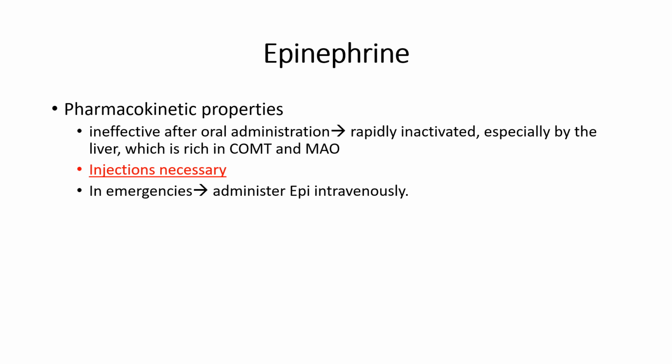And why? This is because epinephrine is a catecholamine, which is rapidly metabolized in the GI mucosa as well as the liver, which is rich in catechol-O-methyltransferase as well as monoamine oxidase enzymes. And as such, it is necessary for epinephrine to be given by injection.